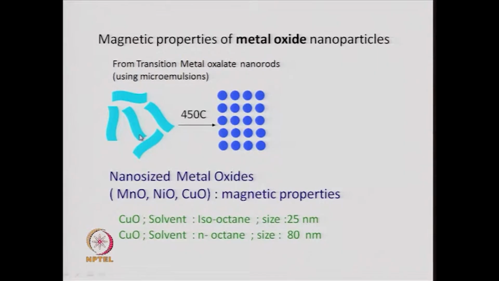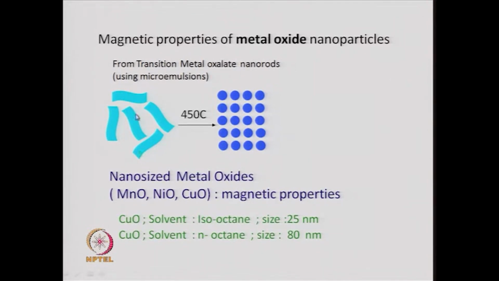Using microemulsions we can make this kind of rod shaped structures of transition metal oxalates. Say you have copper oxalate, and if you use a temperature of say 400 to 500 degree centigrade, these rods of copper oxalate or nickel oxalate decompose to give you particles which mainly are spheres, but sometimes under different conditions you can also get other structures like cubes of oxides.